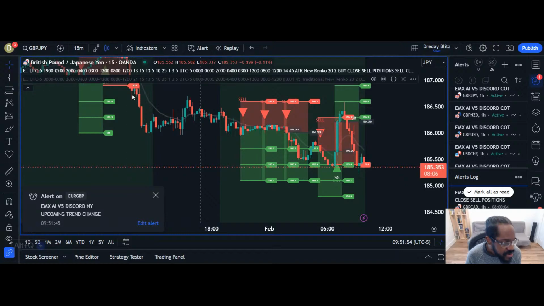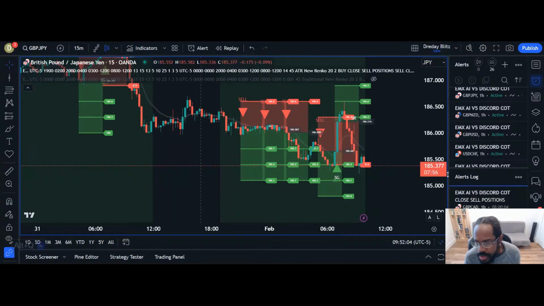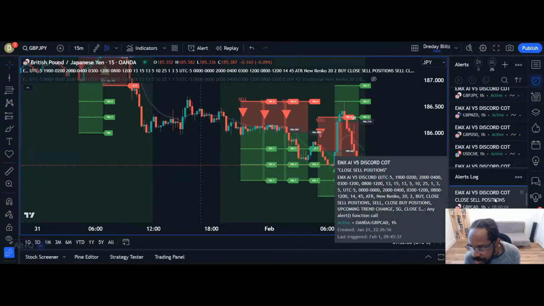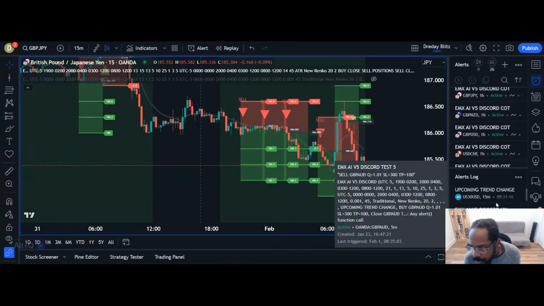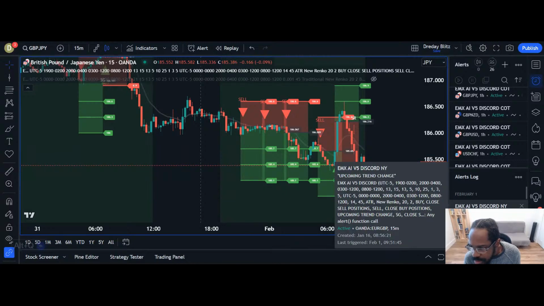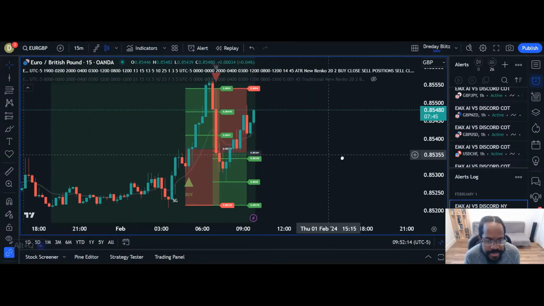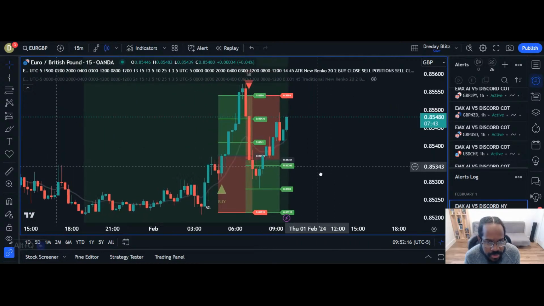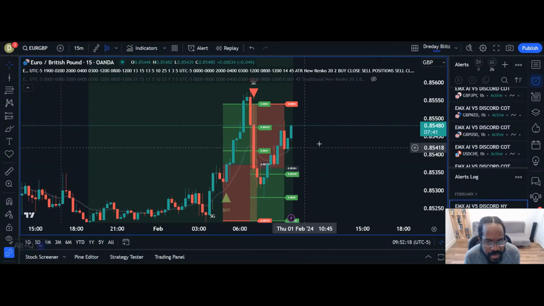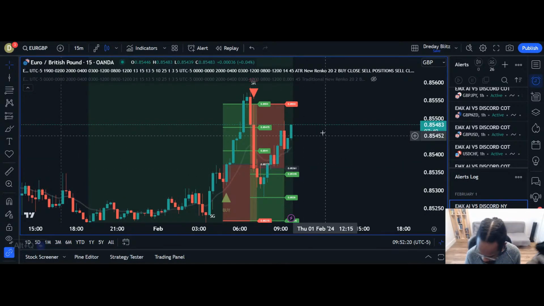All right, so we have an upcoming trend change here on Euro GBP on a 15-minute chart. Let's look at it here. So it's still going long right now.